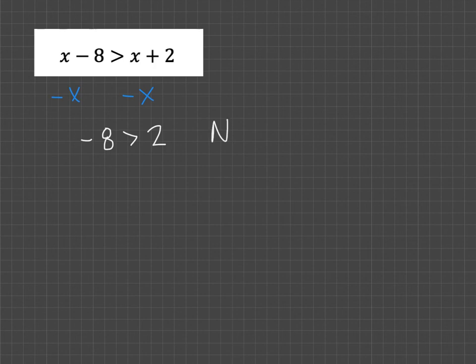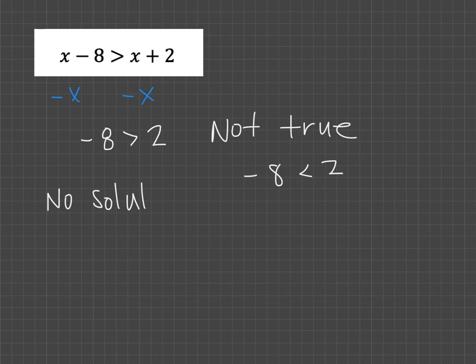It's not true, right? Because negative 8 is less than 2. So what that means is that there is no solution. So this inequality has no solution. There's no value of x that's going to make that a true statement.